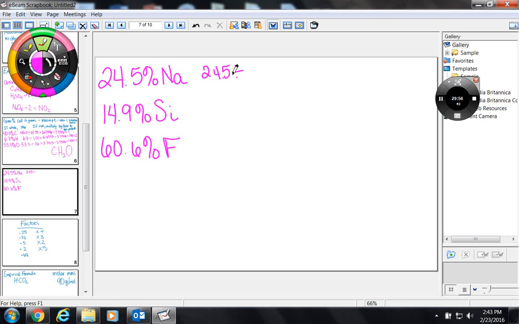Divided by what? Let's see, the molar mass of Na is 22.99, and you get 1.06.